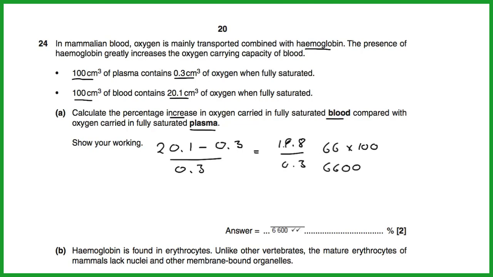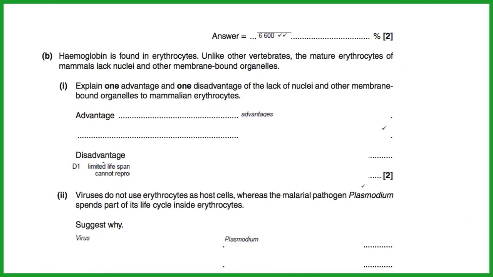So the answer here is 6,600 times, because in order to work out the percentage increase, you've got to work out the difference between the blood and the plasma and divide by how much oxygen is in the plasma.